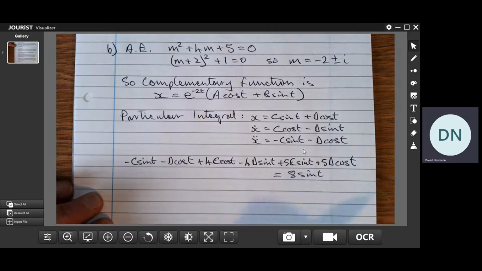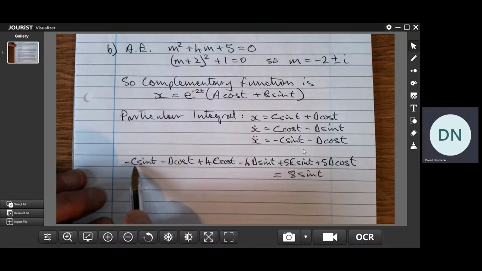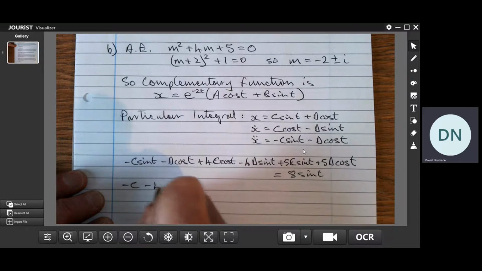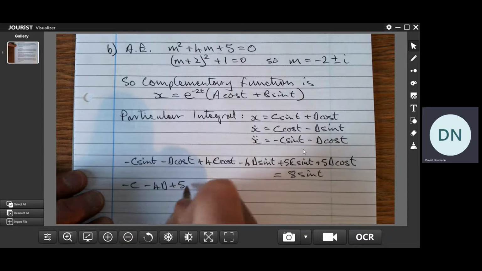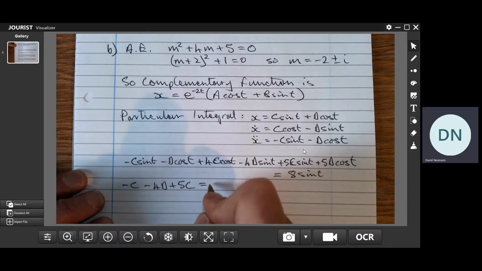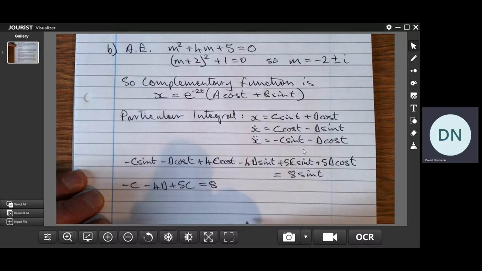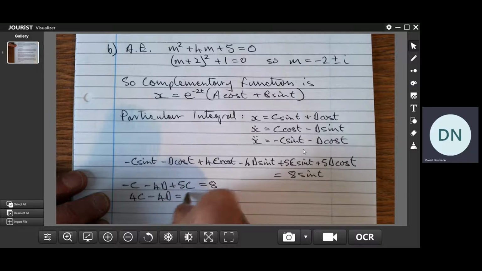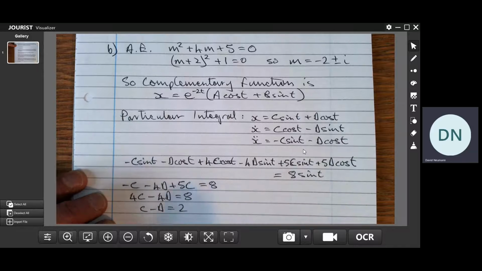So we've now got, comparing coefficients of sine and cosine. So sine, we've got minus c minus 4d plus 5c is equal to 8. Let's rewrite that as 4c minus 4d equals 8, or c minus d equals 2.